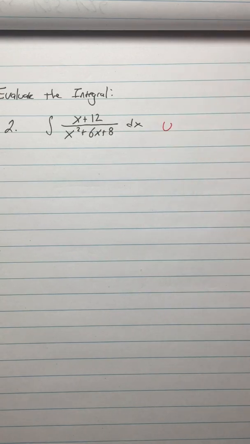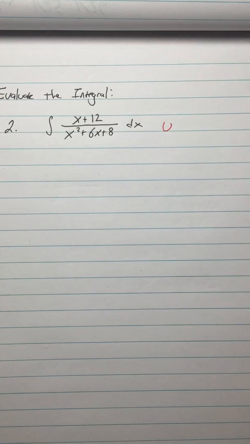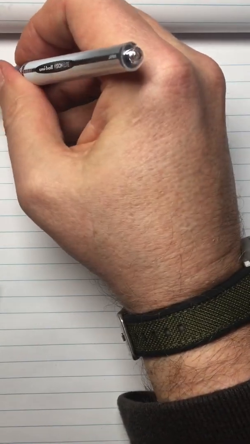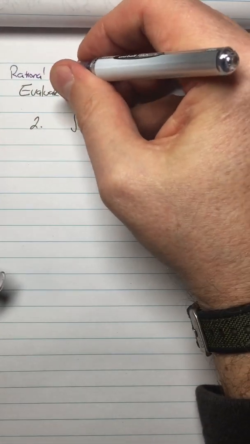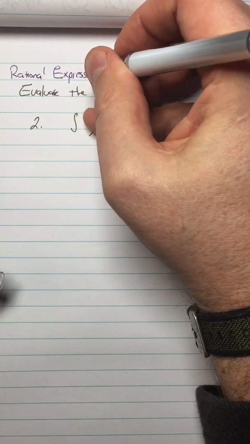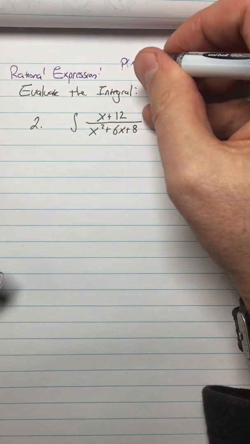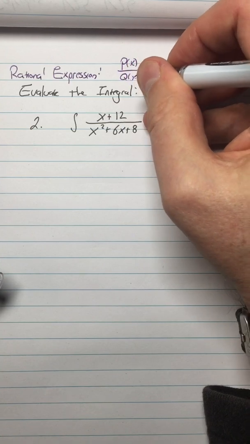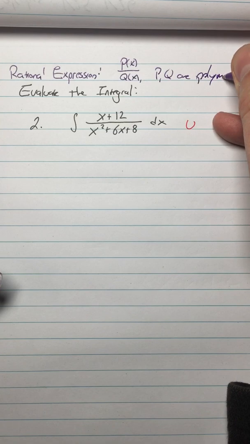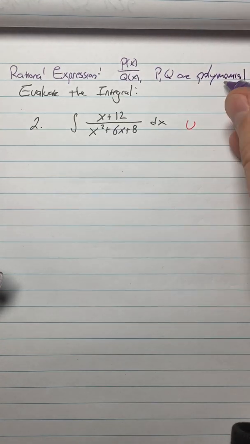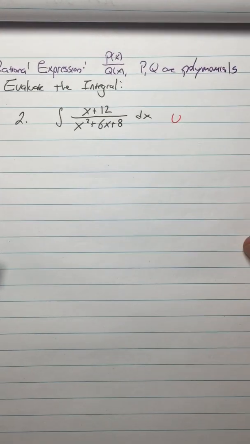So a rational expression, maybe we'll put that as a vocab item. A rational expression is an expression of the form p of x over q of x, where p and q are polynomials.